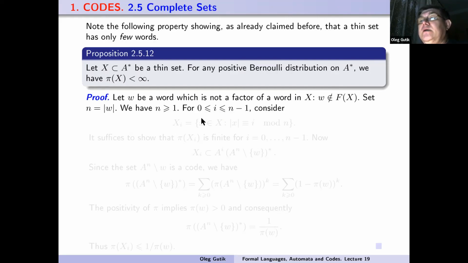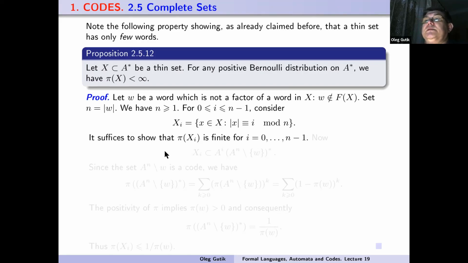For i from 0 to n minus 1, consider X_i, which consists of those x from X such that the length of the word x is equal to i modulo n. It suffices to show that pi of X_i is finite for i equal to 0 up to n minus 1.